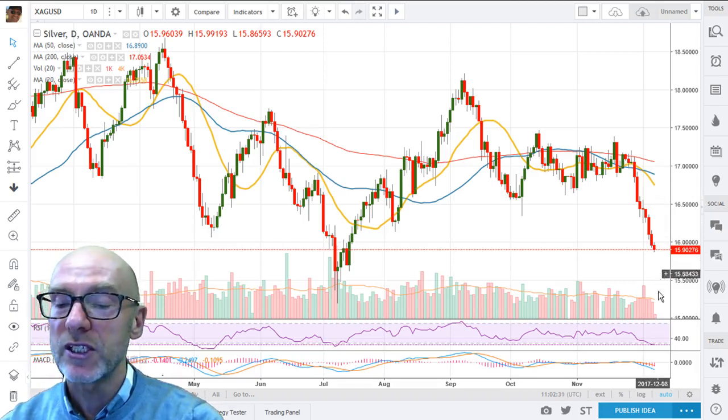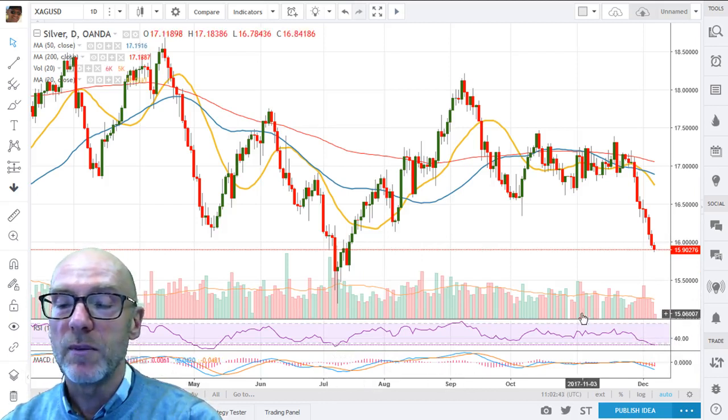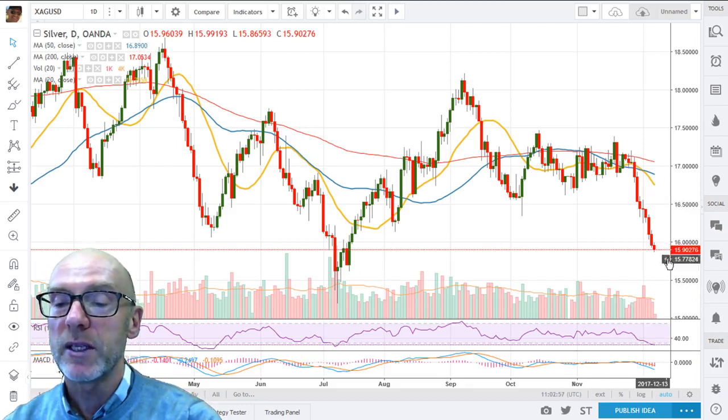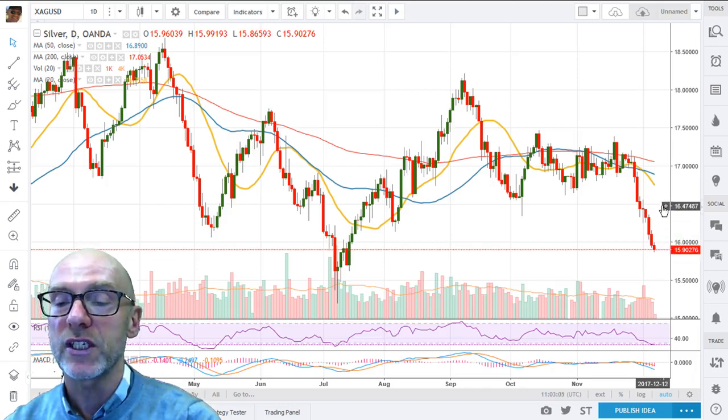That overextension is also shown in the RSI, which is down at 26.64, the lowest level we've seen since July, when we had the big fall that took us down to 1519. So be aware that the RSI is oversold, along with the overextension from those moving averages. It'd be no surprise if there were a bounce. I would suggest that any bounce would peter out before it got to 1650.